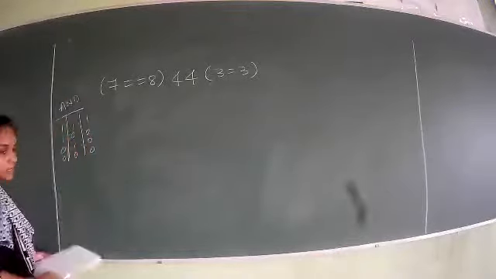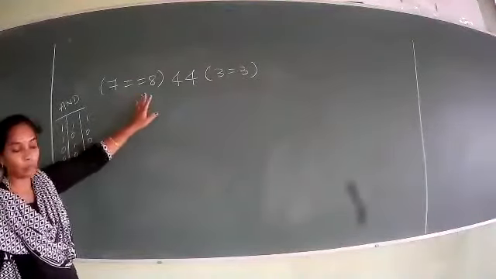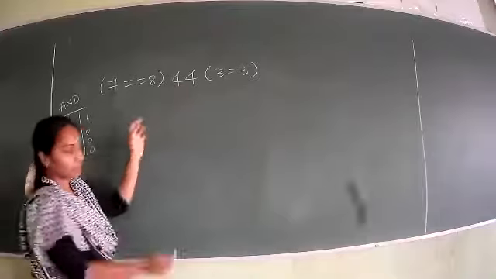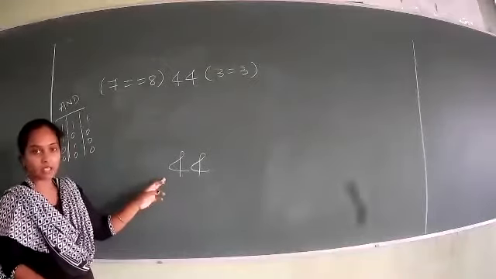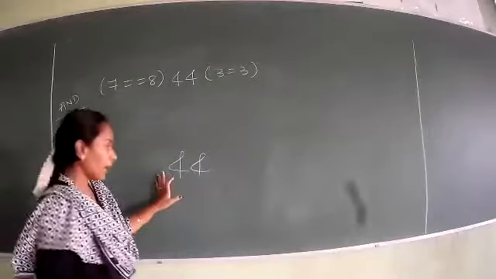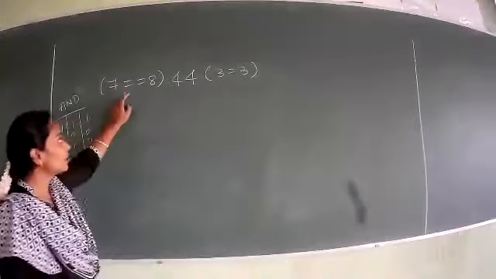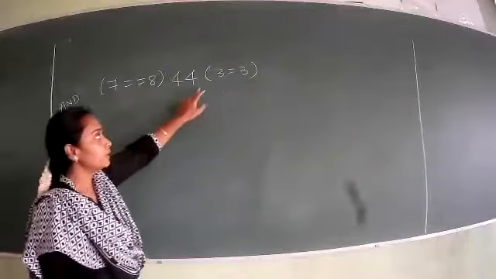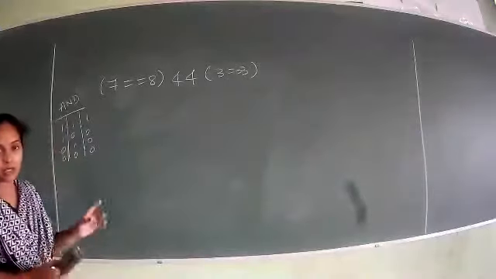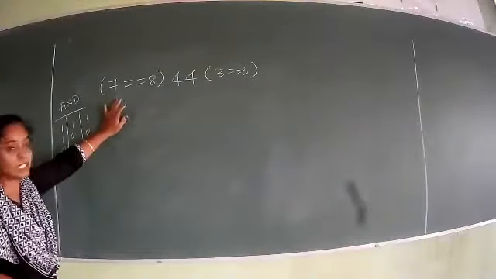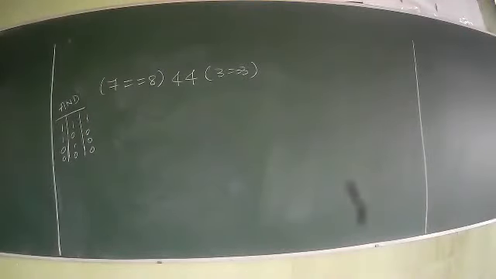This one is the AND operator, written using this symbol. So the example here is 7 is equal to 8 and 3 is equal to 3. Listen here. 7 is equal to 8. Is it true or false?